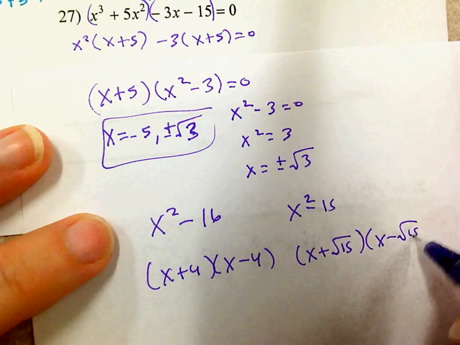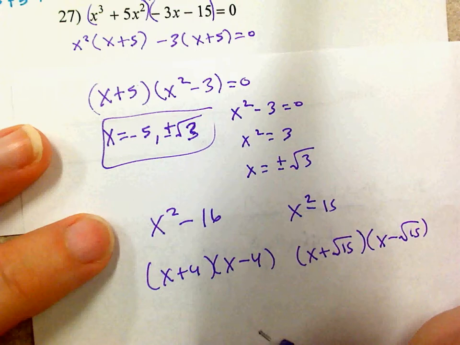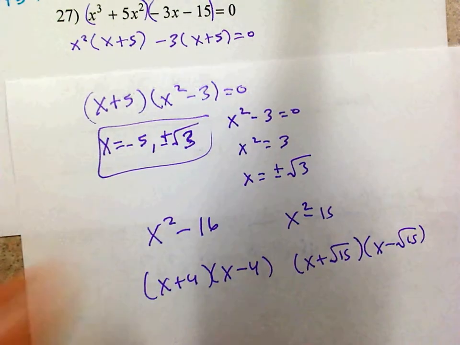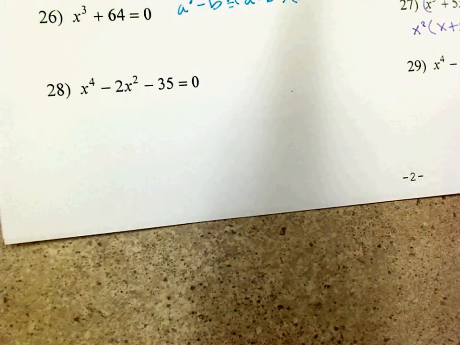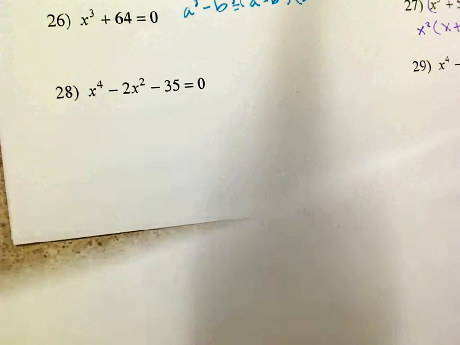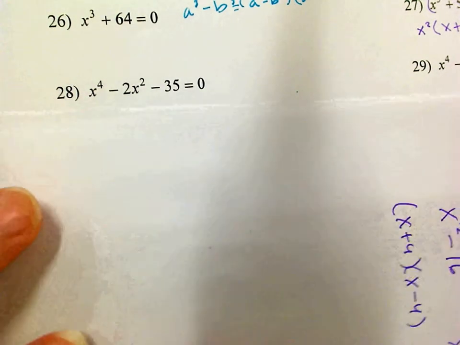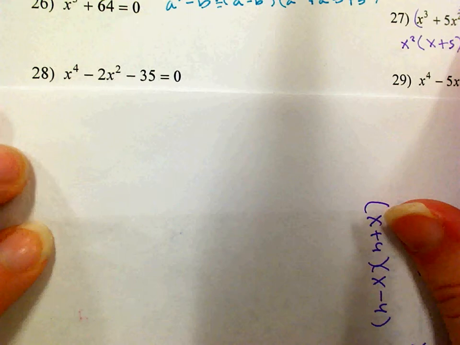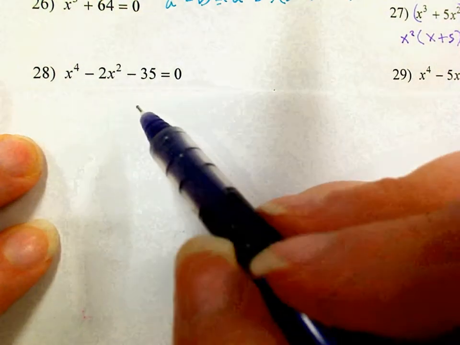28. 28 is similar to 24, so let's factor this as if it was a quadratic. Okay. So I want the factors of negative 35 that add up to negative 2. I'm thinking negative 7 and positive 5. Okay.